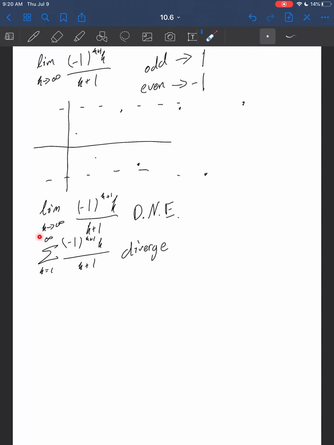So in this case, because the limit does not exist, it's not equal to 0. We know that my entire series is going to diverge from the divergence test. So this is a series that doesn't converge in any sense of the term, right? It's not going to converge absolutely or conditionally.